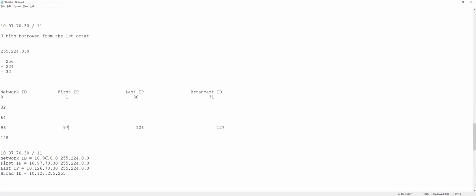So you have right there 10.97. That's not right. So for class A and B, I know that there's a specific rule, as in we have to add. Just trying to remember here.